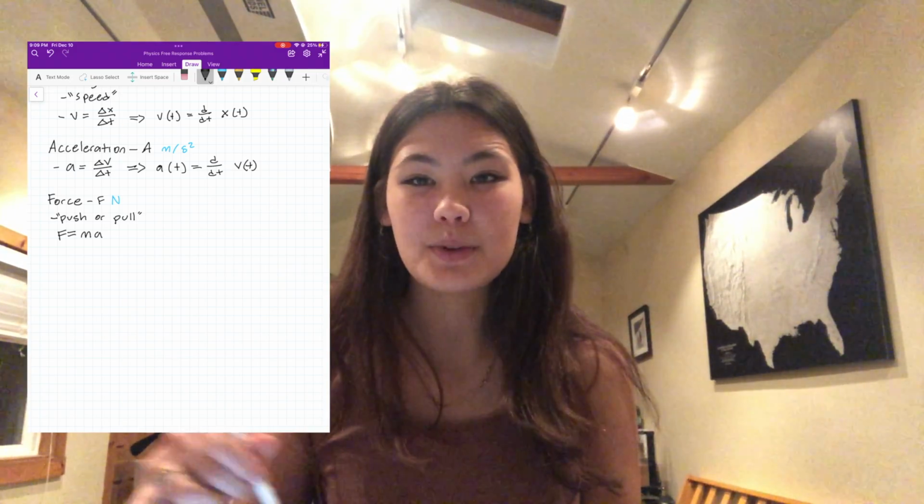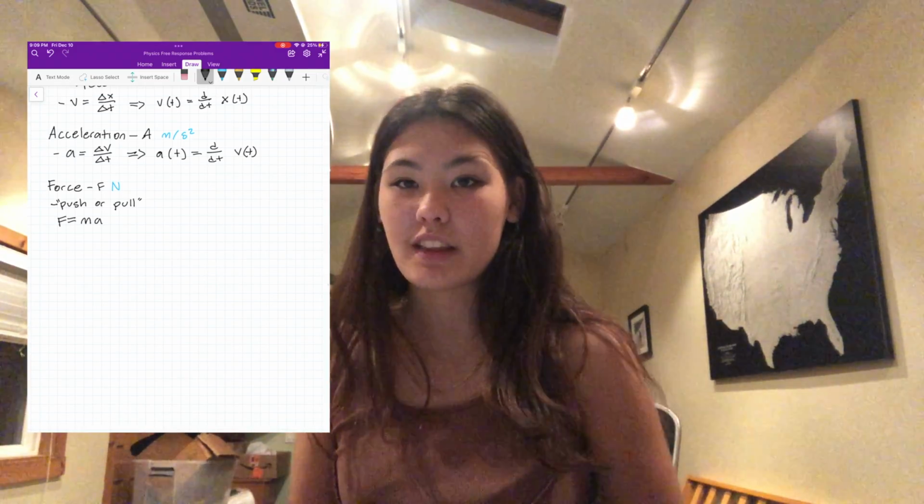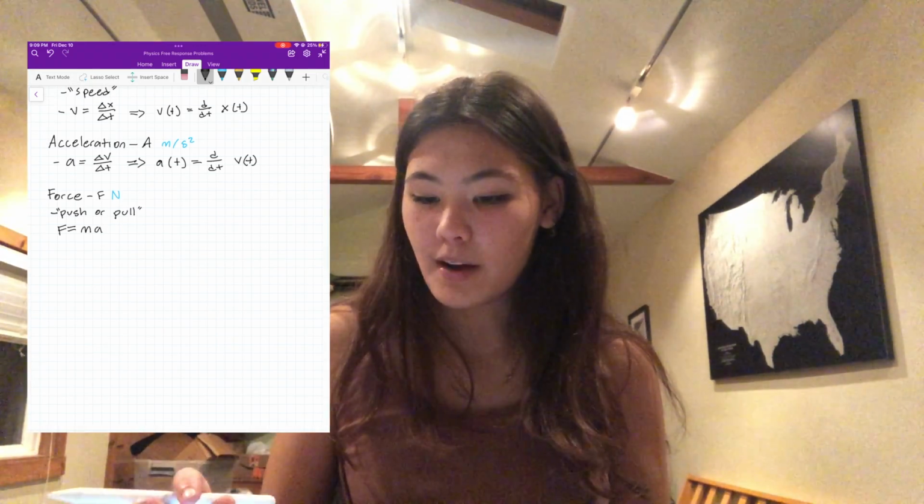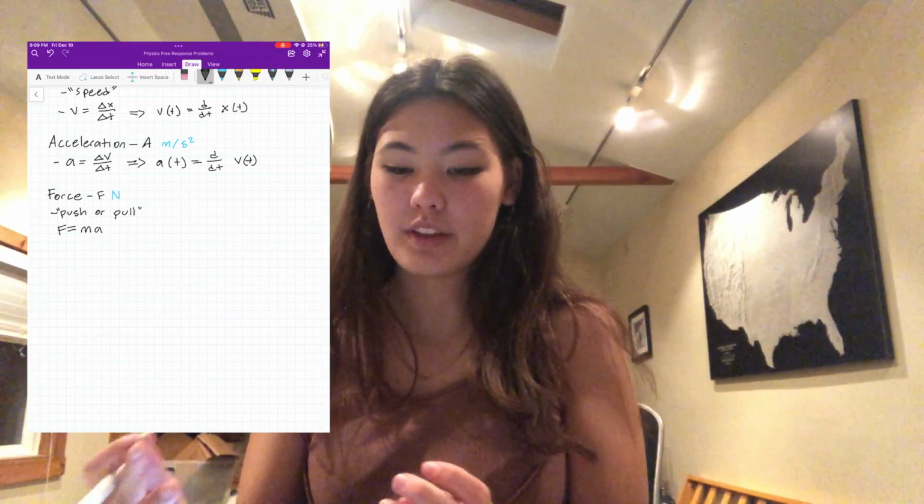And then we have several equations on the equation sheet that relate these variables. I'll write them out here if you don't have that equation sheet with you.